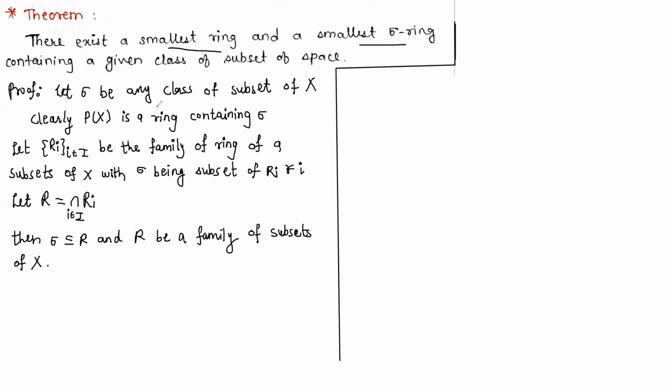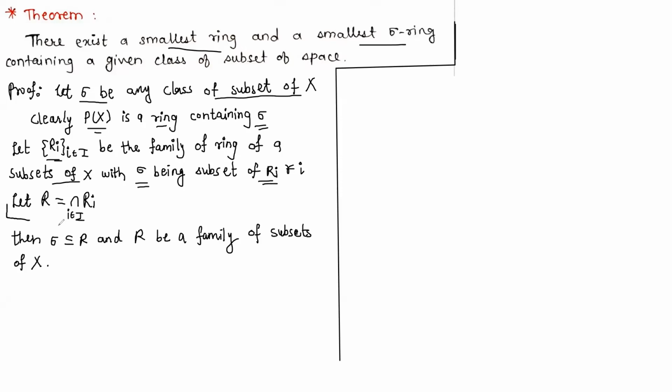Let sigma be any class of subsets of X. Then clearly P(X), which is the power set of X, is a ring containing sigma. So let R_i be the family of rings of subsets of X with sigma being a subset of each R_i.